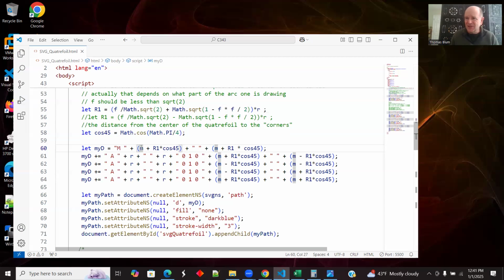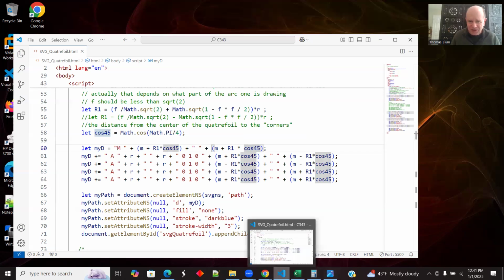So I don't have a 0, 0 as my origin, but I have an MM. So everything's got to be, M's got to be added to everything. And then here is my R cosine theta and R sine theta, but sine theta and cosine theta are the same if it's 45. So that is one of my points in my sort of cross.